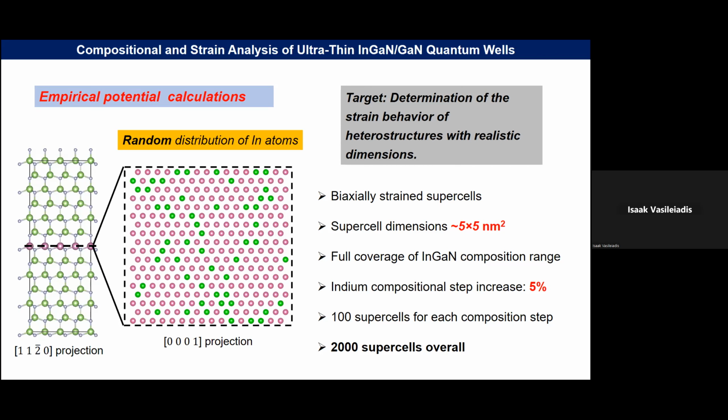In order to be accurate in our analysis, we have 2,000 supercells overall, and we have different random distributions of atoms in such structures. Of course, the dimensions of such structures must be large enough to be close to realistic dimensions.